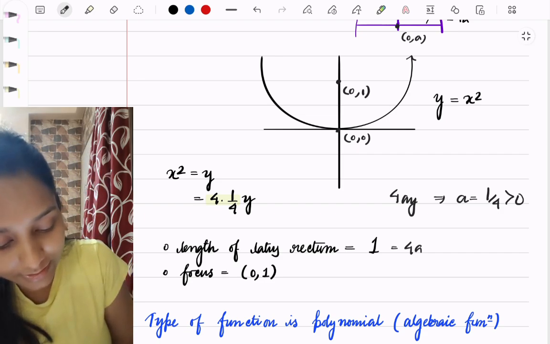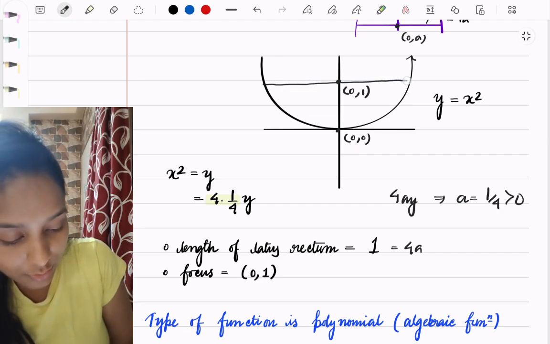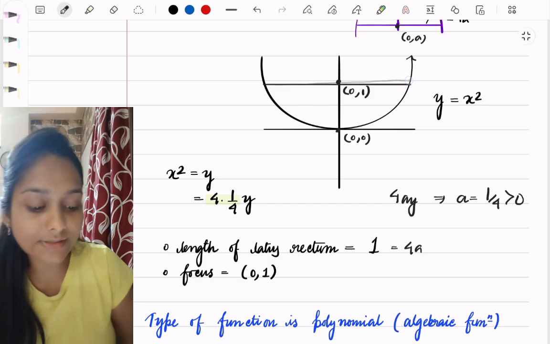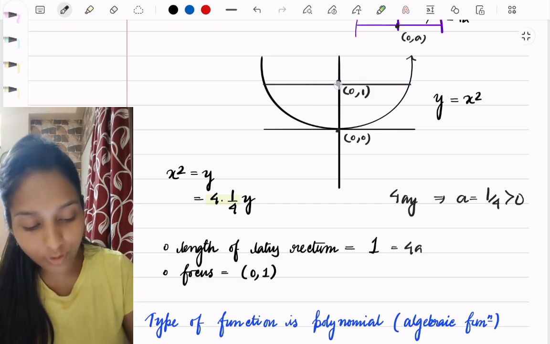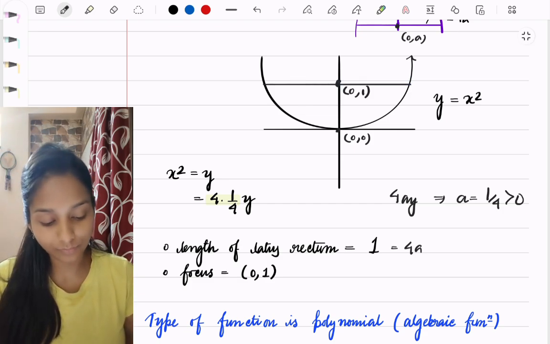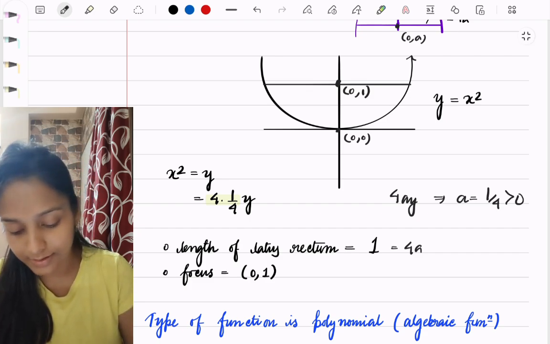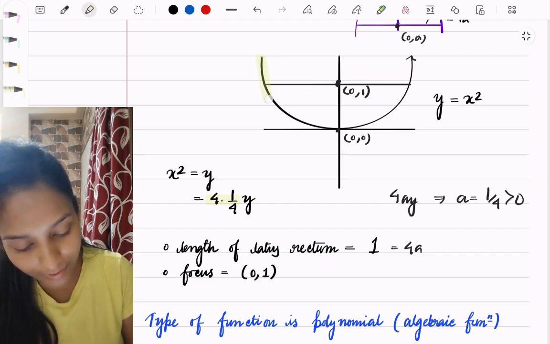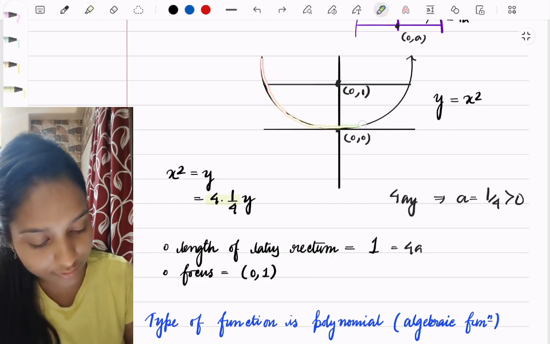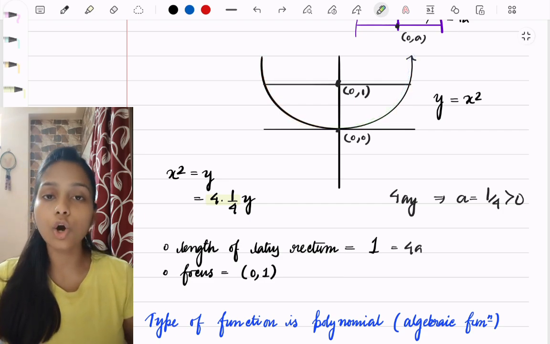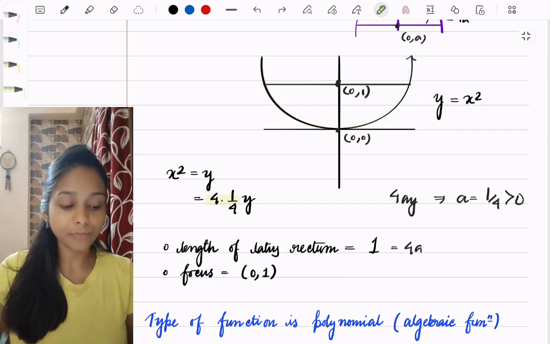So the latus rectum will be a straight line which passes through the focus of the parabola. So here we have this structure. This is the structure of the parabola, or the y equals x square function.